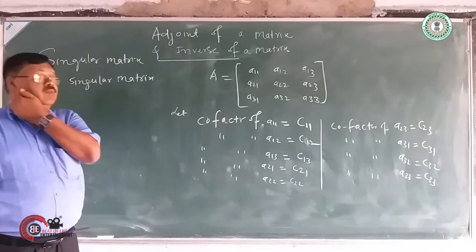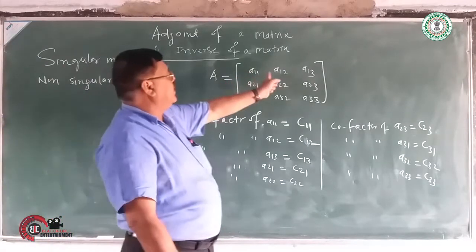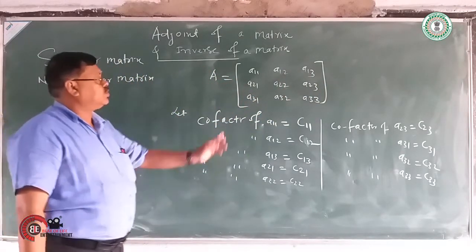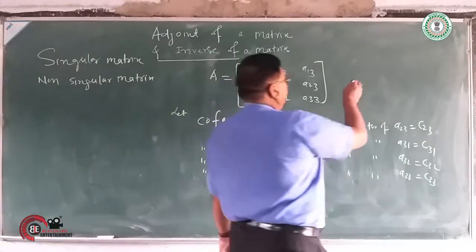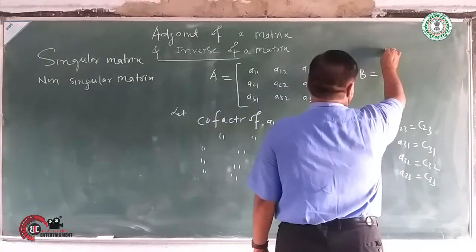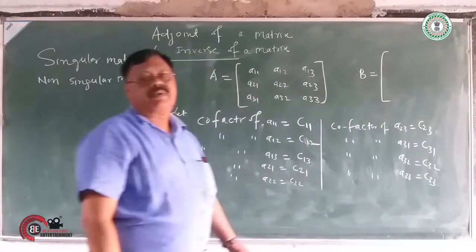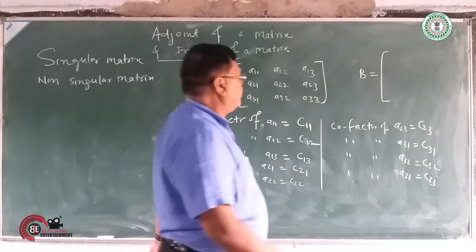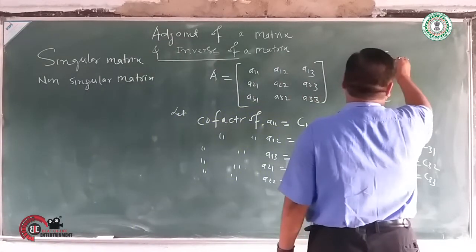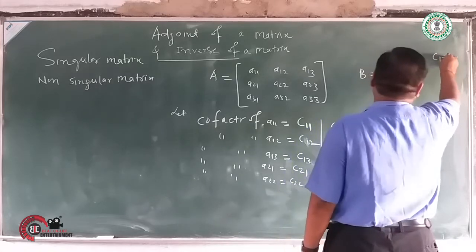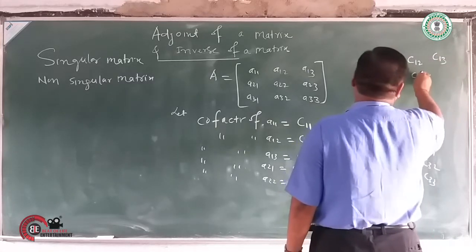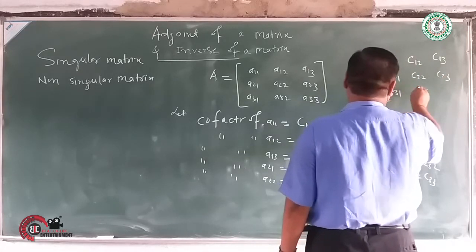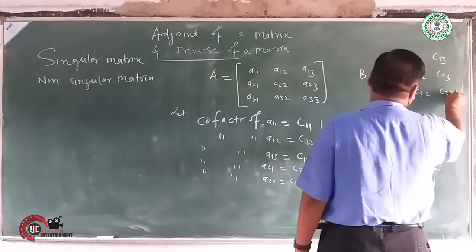So we first find the cofactors of the corresponding elements and we make a matrix B. The B matrix is made by taking the cofactor of each and every element, replacing each element by its cofactor: C11, C12, C13, C21, C22, C23, C31, C32, C33.